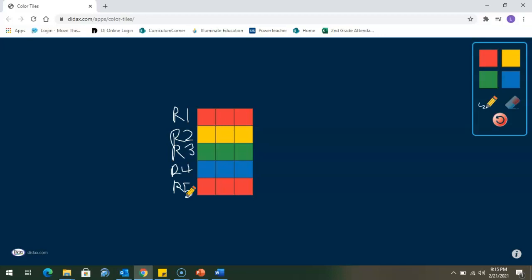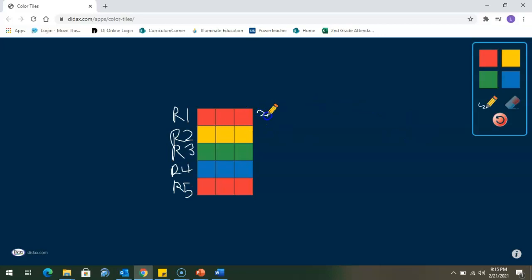Yes, 3. What is the repeated addition equation we can use to find the total of 5 rows of 3? Yes, boys and girls.